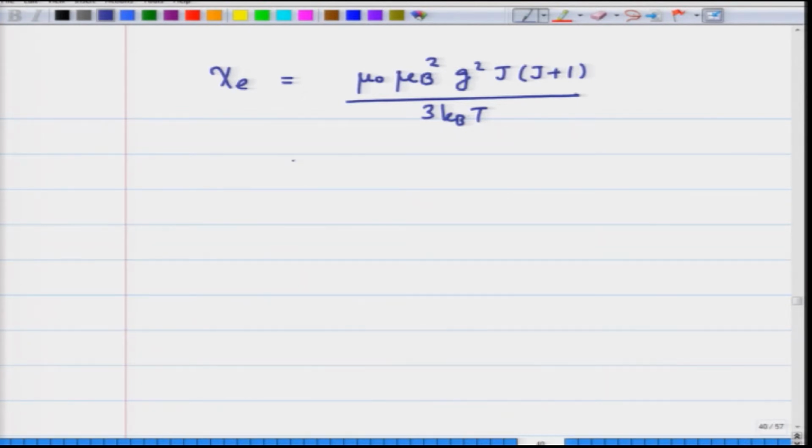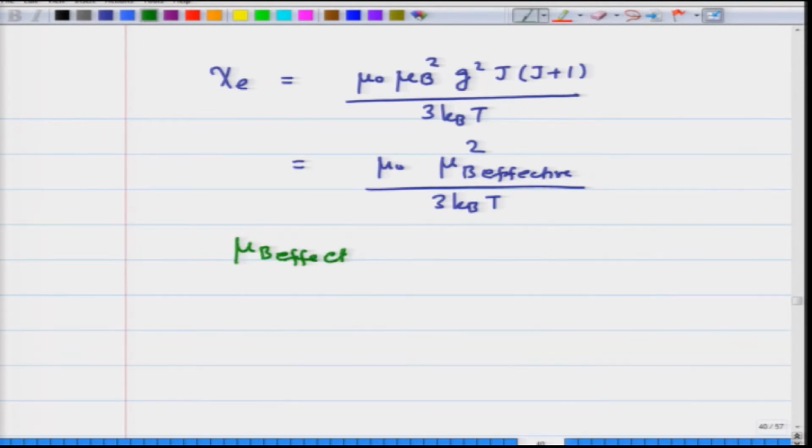Then I can write this as mu 0 times mu B effective square divided by 3 kBT. Now, mu B effective is the effective Bohr magneton.